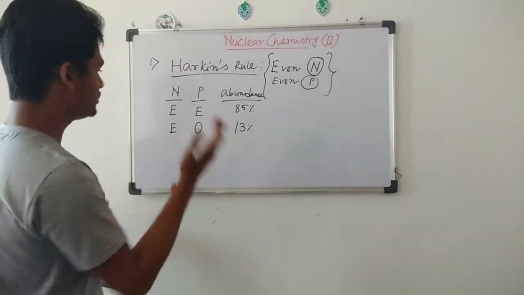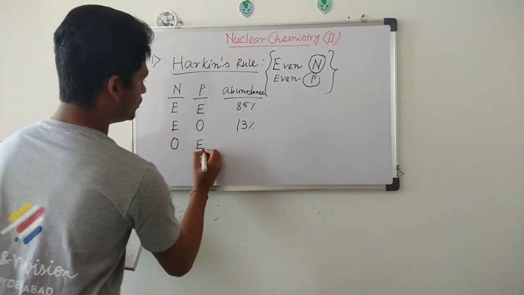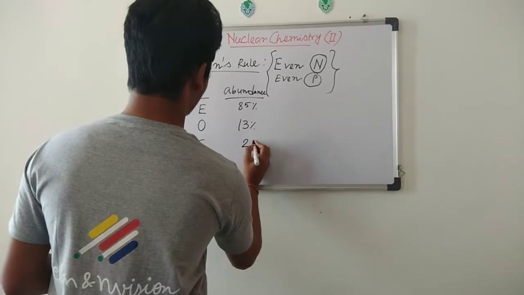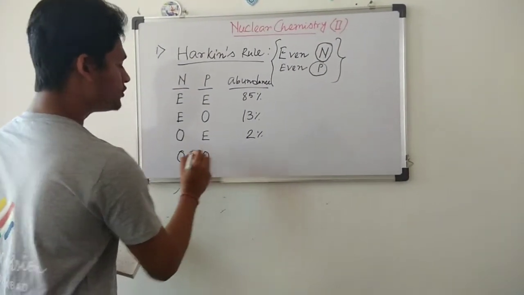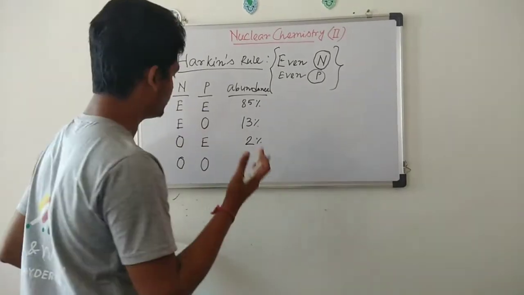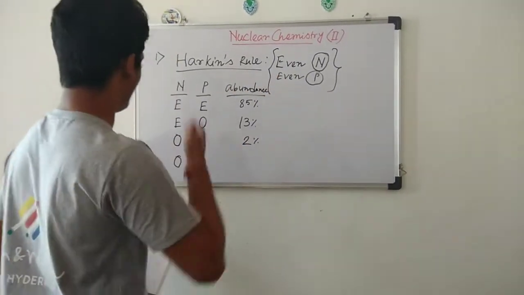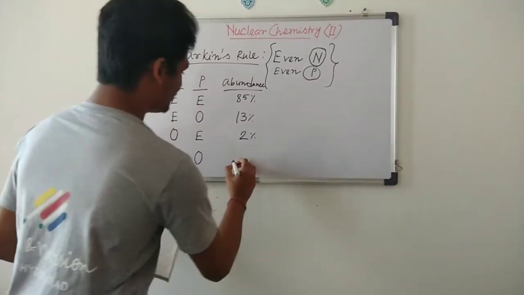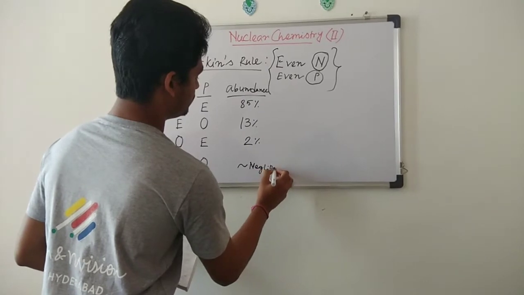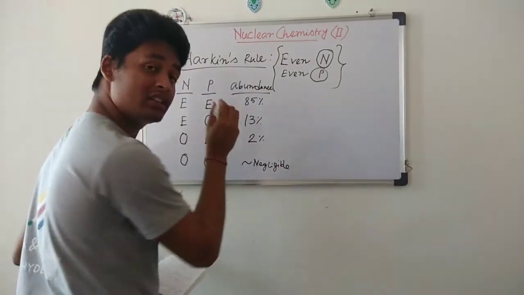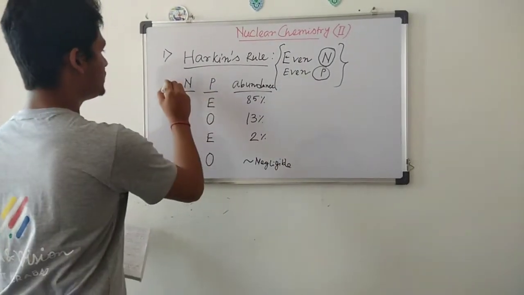One more permutation is neutron odd and proton even; that time it only consists of 2%. And then both neutron and proton are odd. He told that both even is very stable, so both odd is the least stable, and the percentage is almost negligible. This abundance is in the earth's crust, not everywhere. This is what he told.